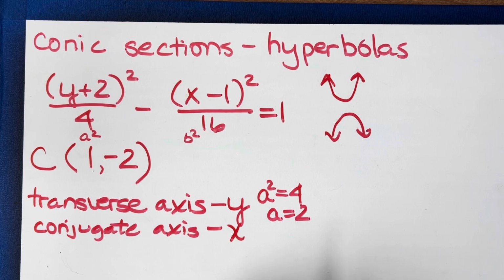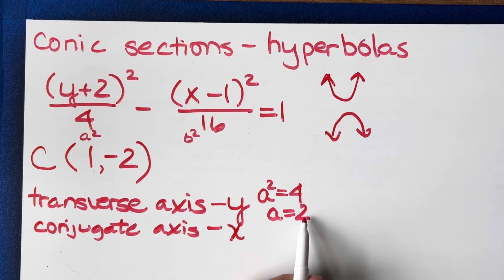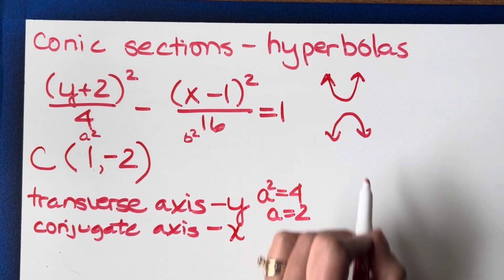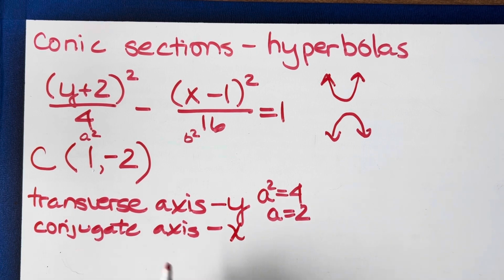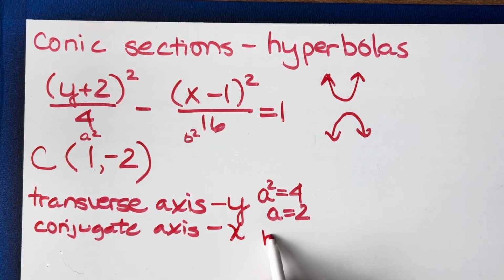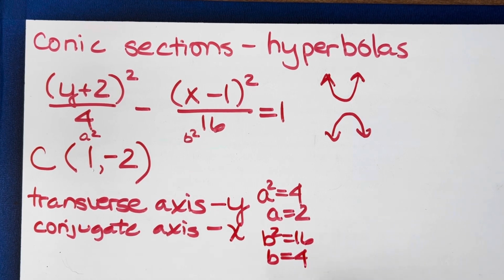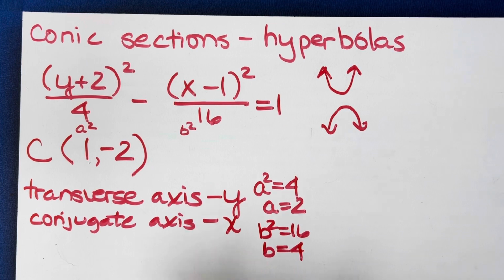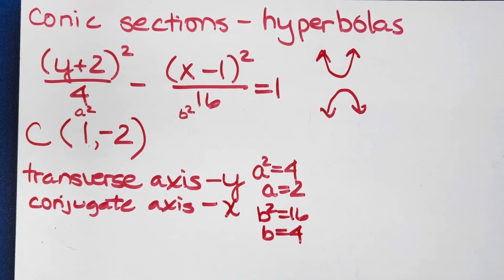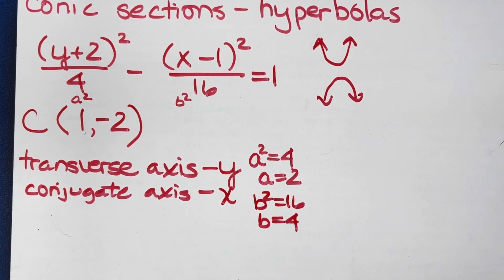And that's going to be the distance from my center to a vertex for each of these parts of my hyperbola. The conjugate axis, the x, is the b squared equals 16. And so b is 4, and that's just going to tell me how far I need to go to make like the width of my hyperbola.